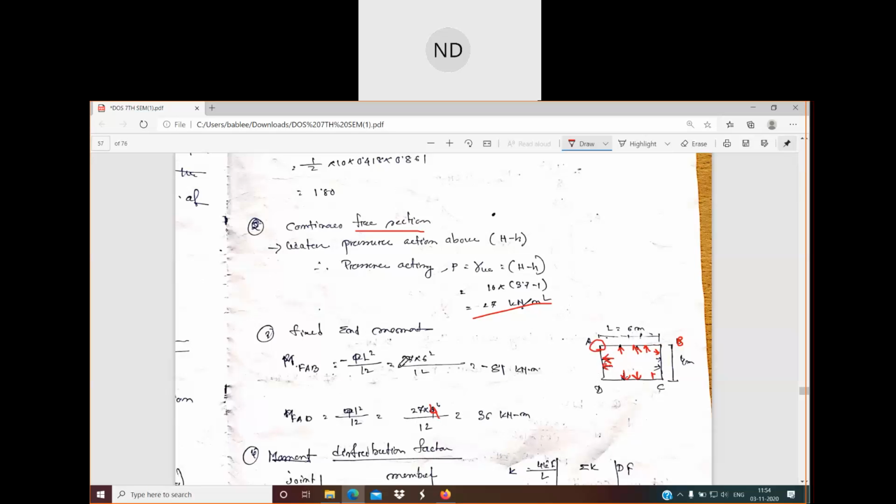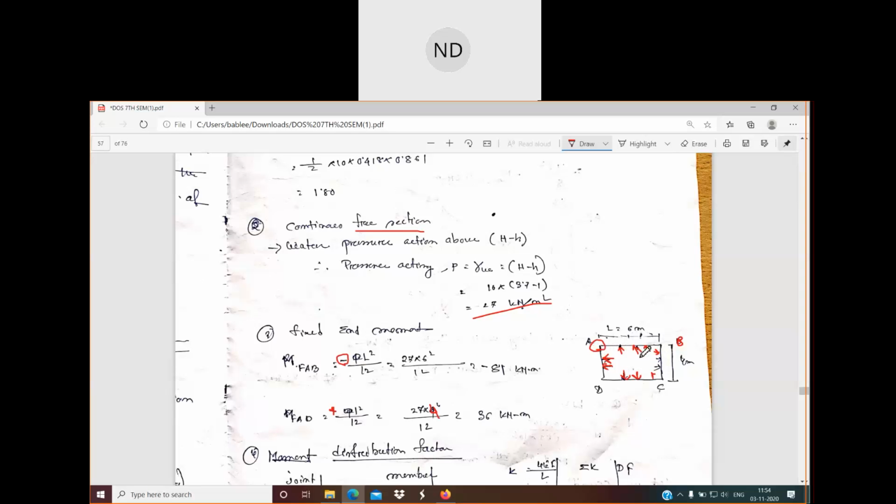Now one more thing. You may ask why this is negative here and here you have positive. There is no minus sign here, but here it is a positive sign for fixed moments, right? But then why is it like that? You see here the fixed moment at A and B, where A is fixed and B is moving.